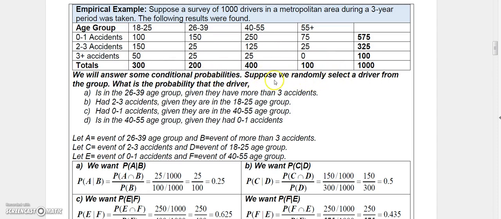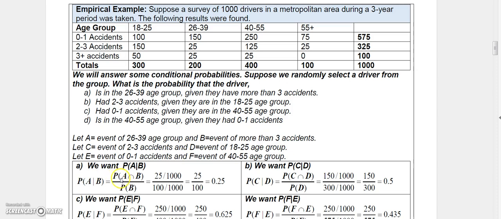Suppose we randomly select a driver from this group. What's the probability that the driver is in the 26 to 39 age group given that they have more than 3 accidents? Okay, so let's let A be the 26 to 39 age group, and let's let B be the event of more than 3 accidents. So we want the probability of A given B.